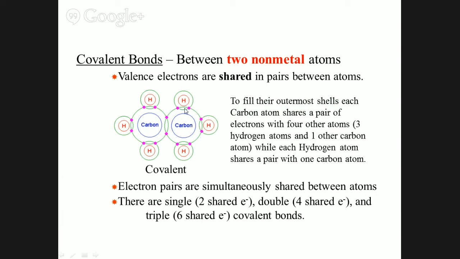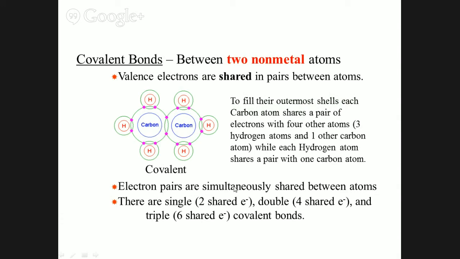But each of these hydrogens thinks it's got 2 valence electrons. That one shell is full. And each of these carbons is surrounded by 8 valence electrons. So as far as the carbon is concerned, even though it's sharing one with the other atoms, it's surrounded by 8. It has its octet. Its second shell is full.